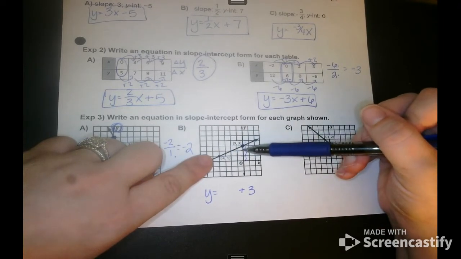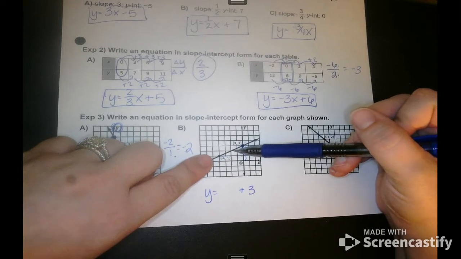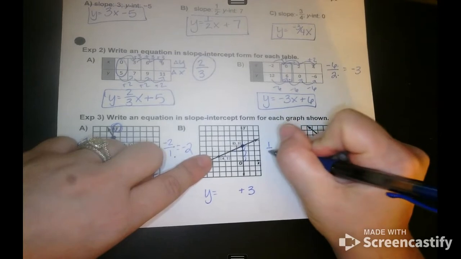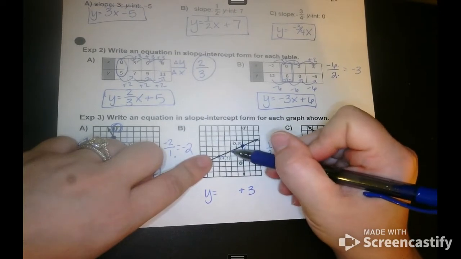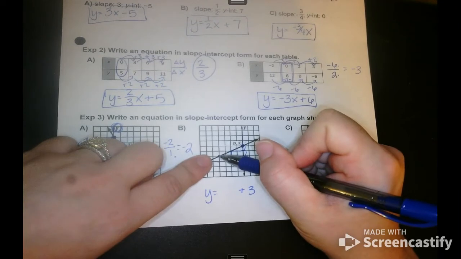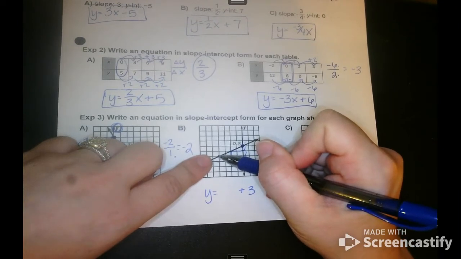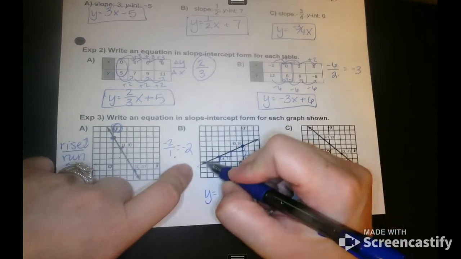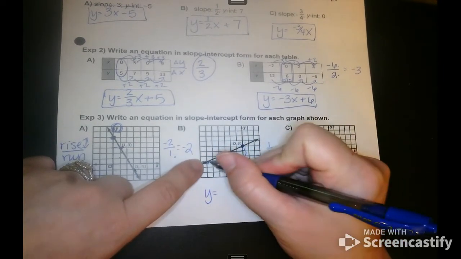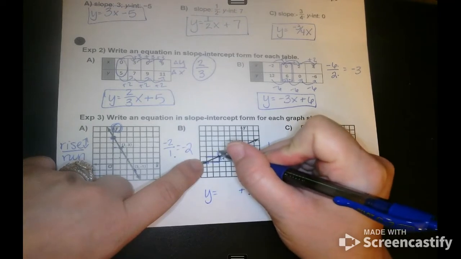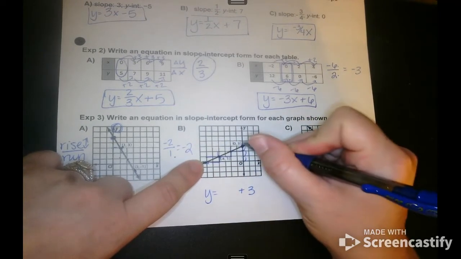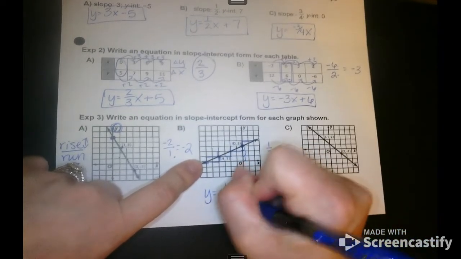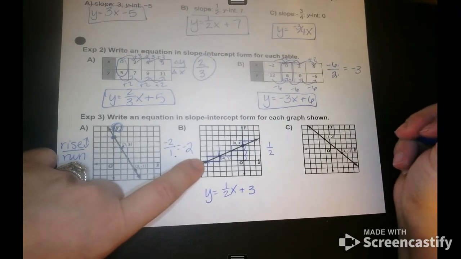If I went down 1 and over 2, did I hit my line? Yes. If I start from here and go up 1 over 2, up 1 over 2, up 1 over 2 every time, did it work? Yes. So my slope would be 1/2 x plus 3.